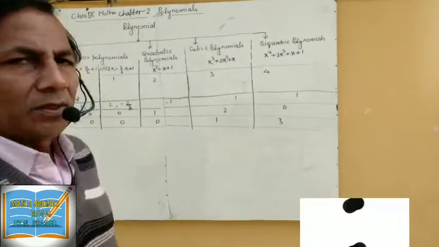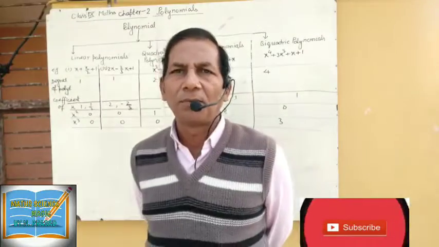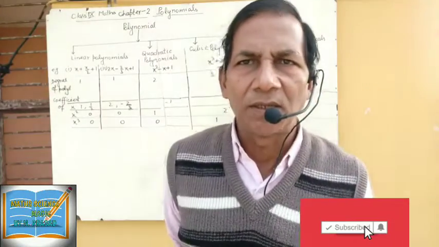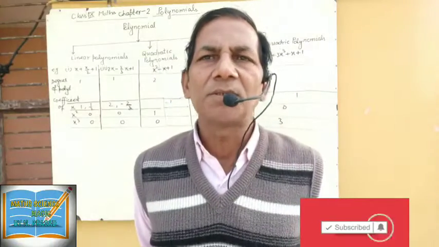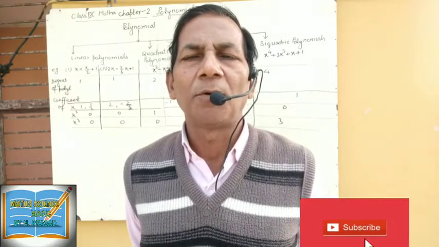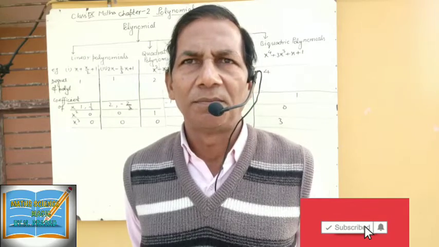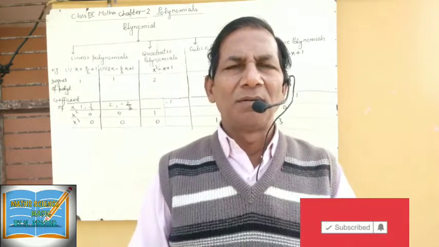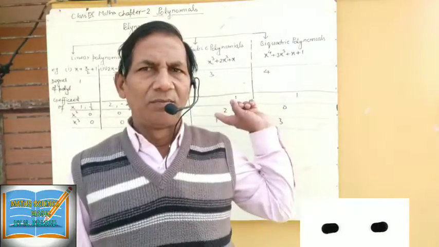So, first of all, you should know the types of polynomial. What is a linear polynomial? A linear polynomial means a polynomial having 1 degree. And this polynomial has only one variable.